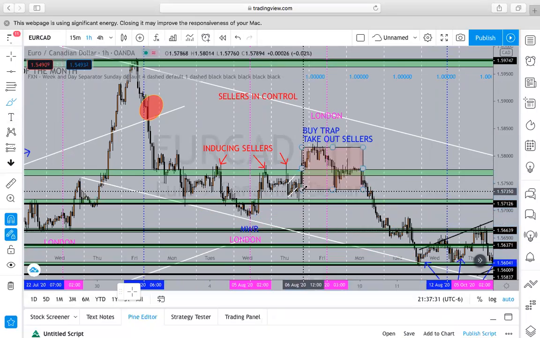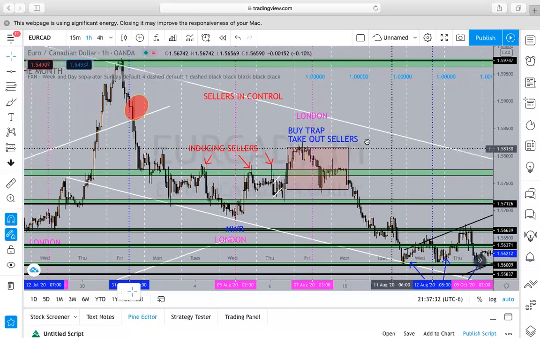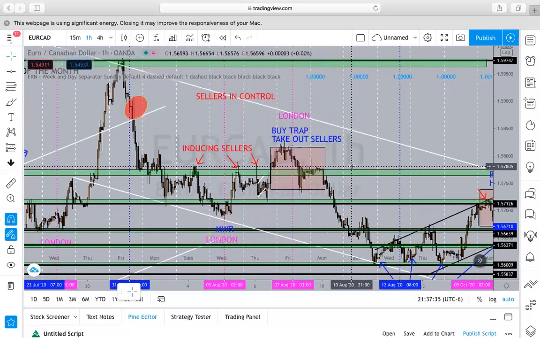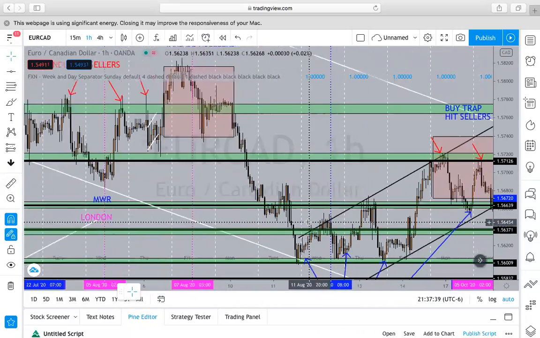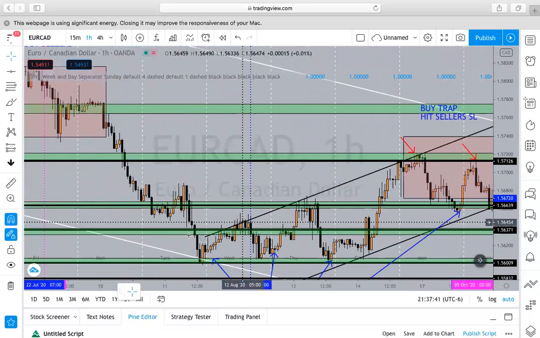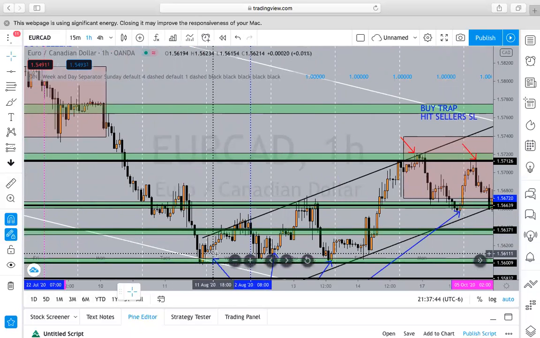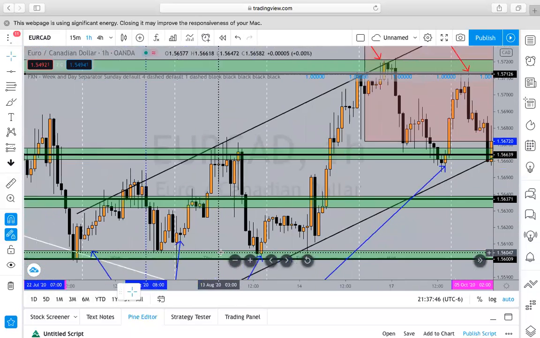So retail traders are placing these now. It's starting to become obvious. They see that trend line. So what they do off the trend line, they start to buy, right?